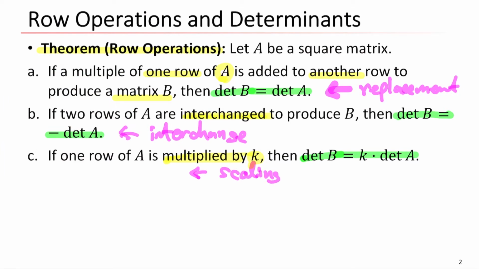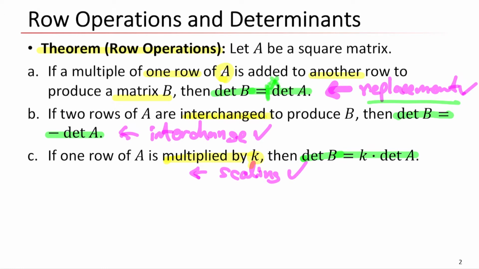In other words, if we apply a row operation, replacement, interchange, or scaling, then the only difference between the determinant of the original matrix and the output matrix is here. If we apply the replacement operation, the determinant should be the same, meaning 1 times the determinant of A, right?